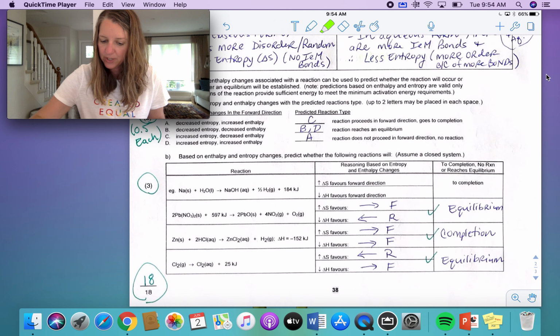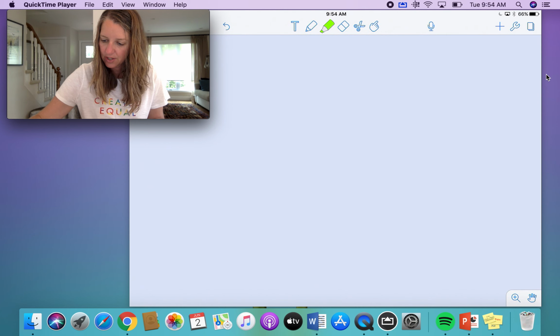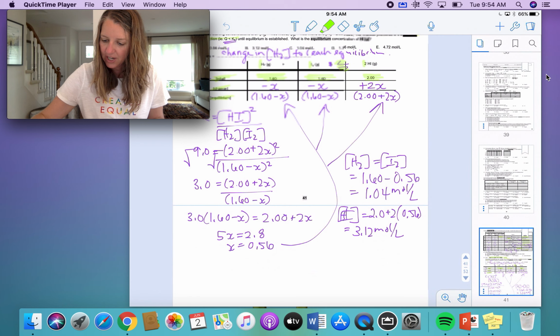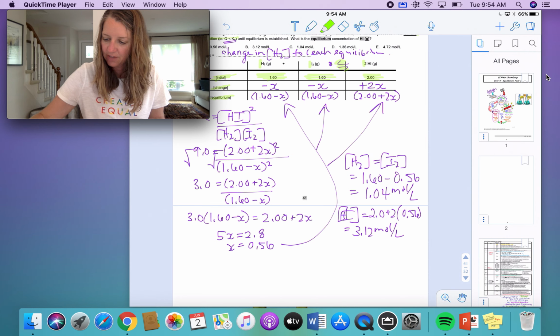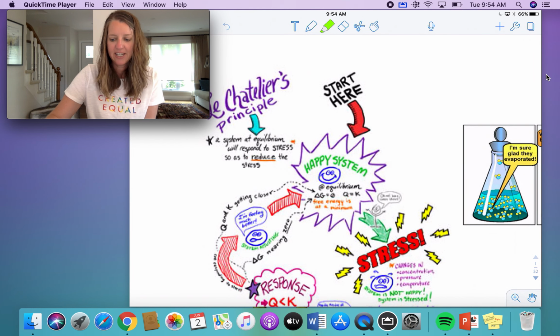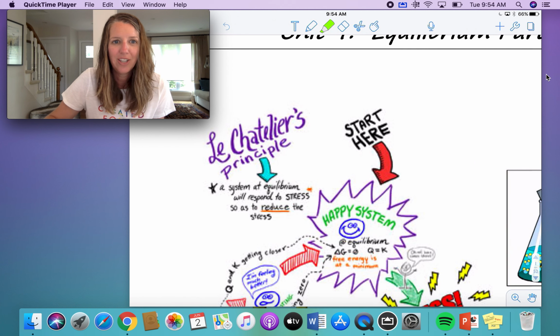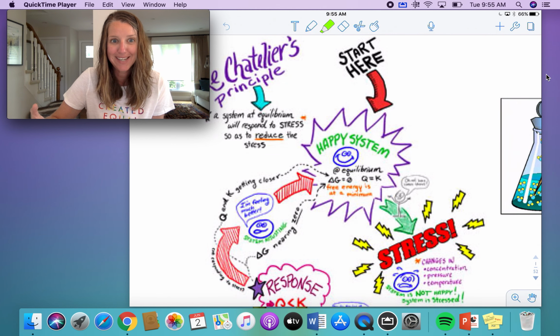The only thing I would do is go back to your unit title page and have a look at the cartoon on the very front page. It explains the entire unit all in one graphic. You've explained Le Chatelier's principle. You've talked about how to make a happy system and what makes it equilibrium.